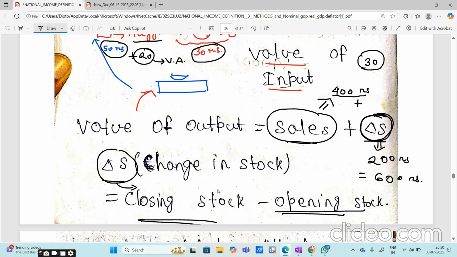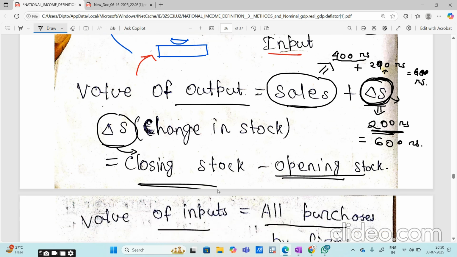And in your factory currently you have 20 products left, so the value of those 20 products is 40 rupees, so that is your change in stock that should be added. So 400 plus 40 rupees, this 440 rupees will be our value of output. Oh, I have mentioned it as 200, sorry, so it should be 600 rupees. How to calculate this change in stock, I have discussed in the earlier class.